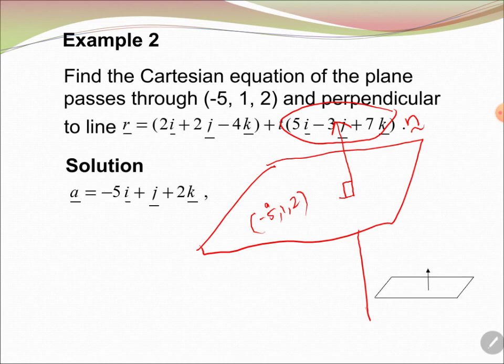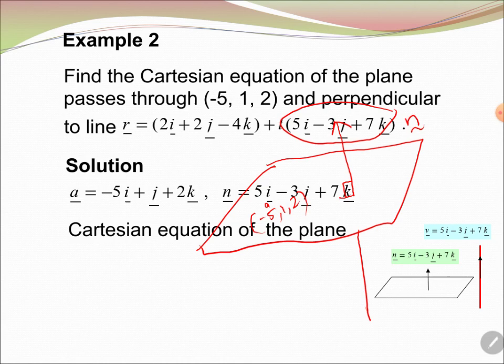So now we have this plane and the line perpendicular to it, and we know the direction is represented by v, which is 5i - 3j + 7k, and then we can use this v as the normal vector. Okay, and then we can just replace everything into the vector equation, which is r dot n equal to a dot n. On the left side we have ax + by + cz. What is a?